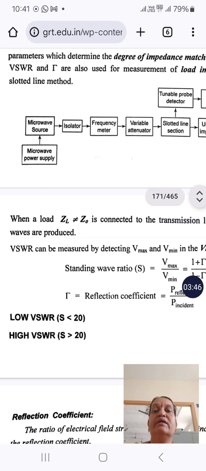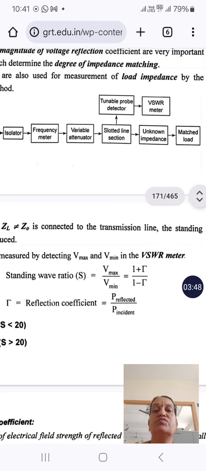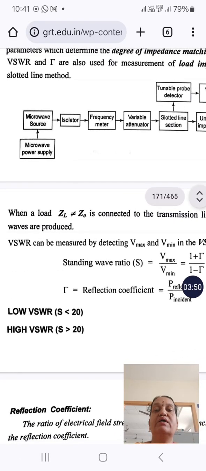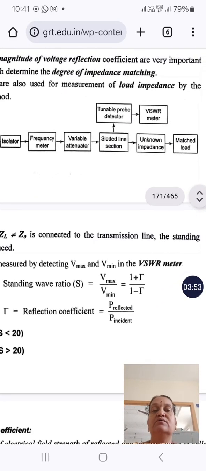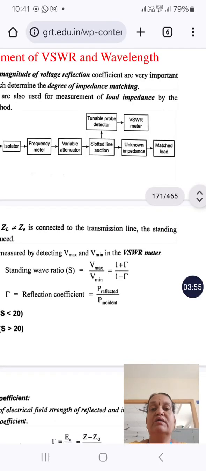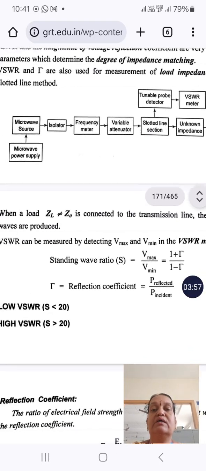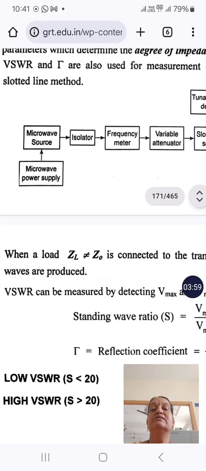VSWR and reflection coefficient are also used for measurement of load impedance by the slotted line method, which is shown here. The first block is the microwave source where the signals are generated, and the source needs a microwave power supply.